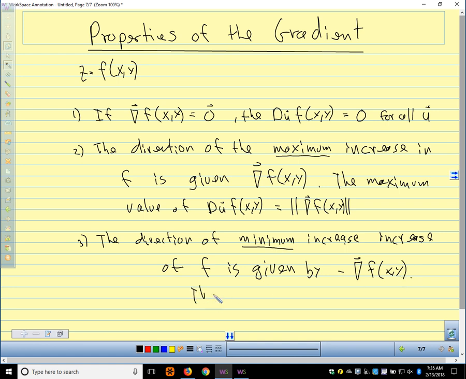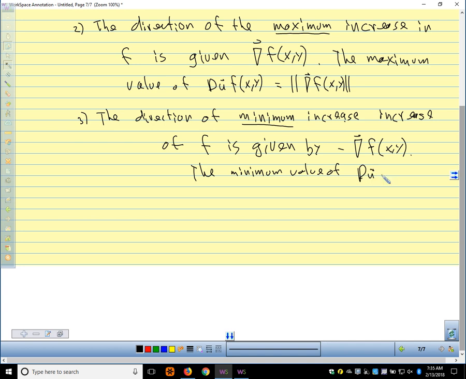The minimum value of the directional derivative is negative magnitude del f. Do we put the negative into the vector part first or after? No, it's the negative of the magnitude. Because if you put the negative in the vector, then you don't get the negative out of the magnitude.